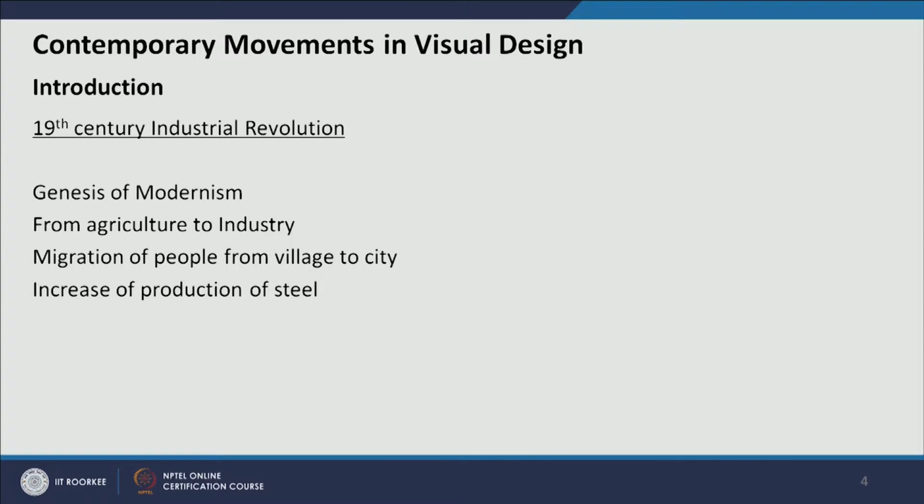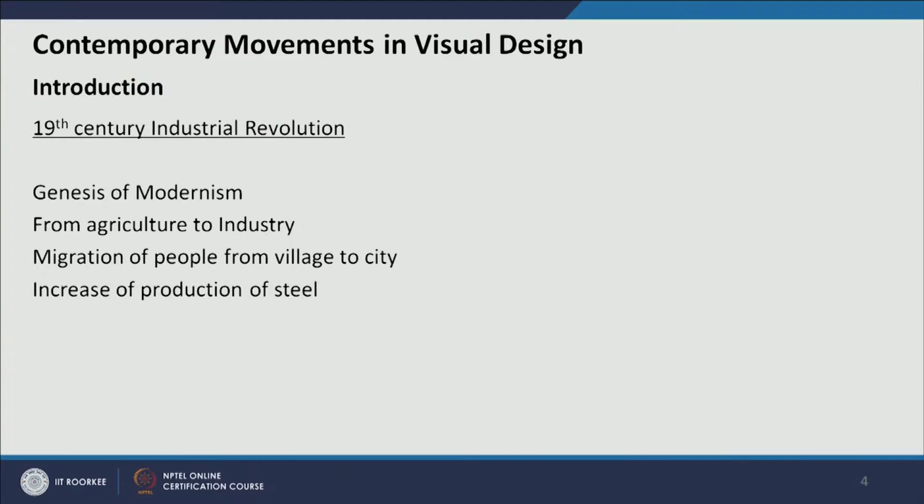In the 19th century, the Industrial Revolution was the genesis of modernism. From there, a complete change in the visual sense and visual language came. There was a shift from agriculture to industry, and mass production started because of the Industrial Revolution. A lot of factories were made, and different kinds of architecture were established.